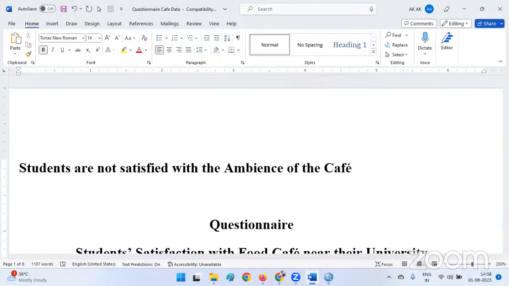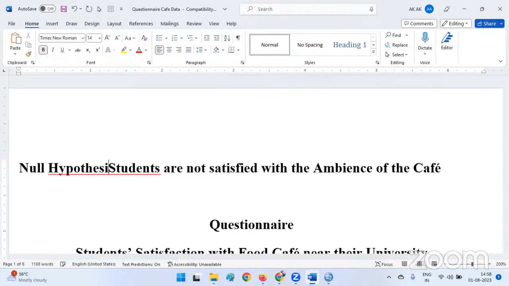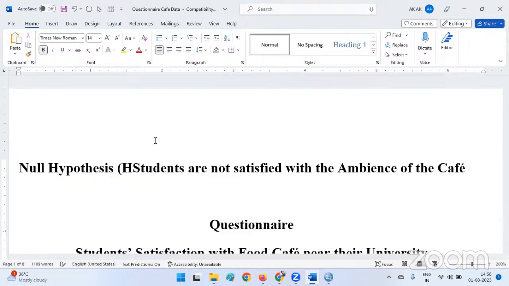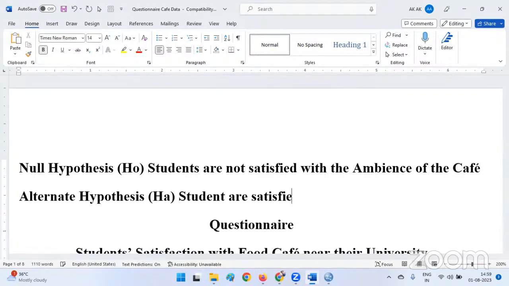This is the null hypothesis, denoted as H0. And the alternate hypothesis, HA, is that students are satisfied with the ambience of the cafe.